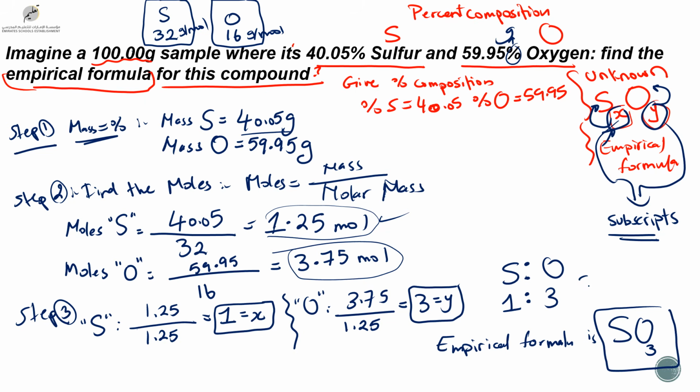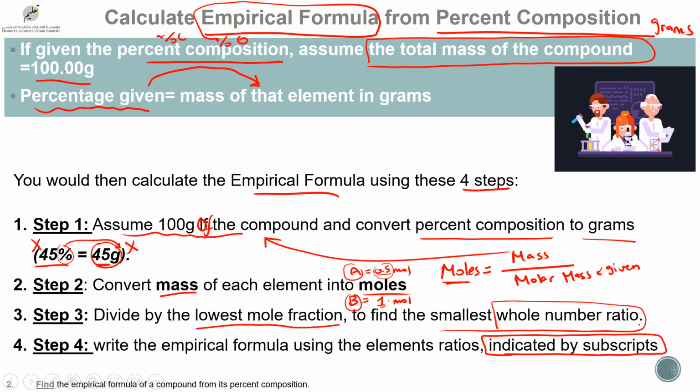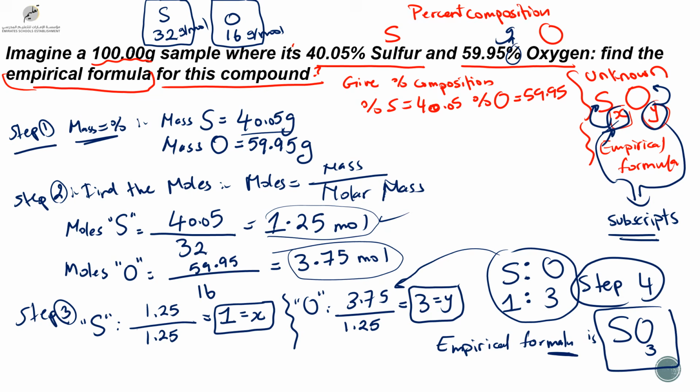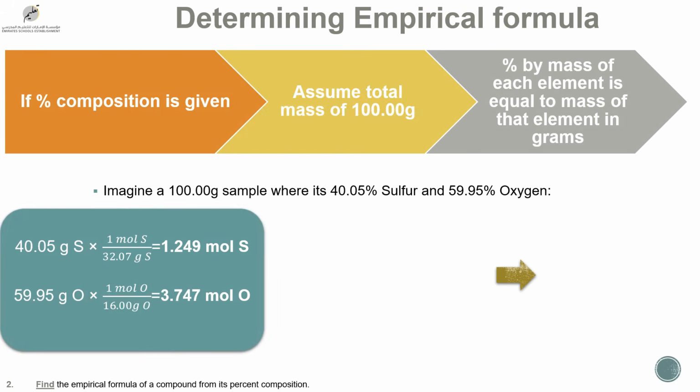So this one here is actually step number 4. Use the mole ratio that you find from step 3 to write the empirical formula. Okay, so these are the steps, and this is what we have done here. I solved it.